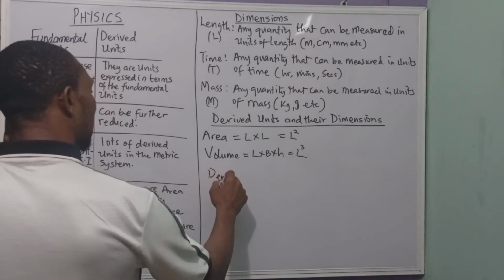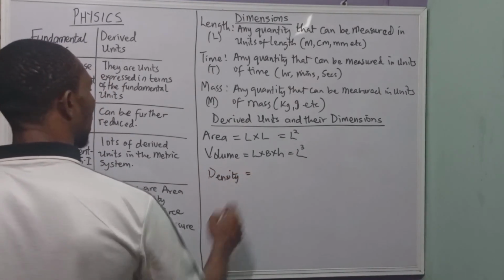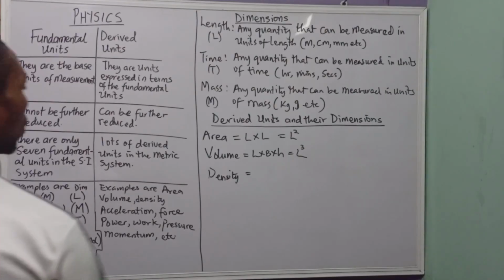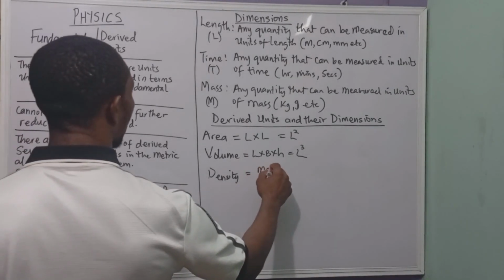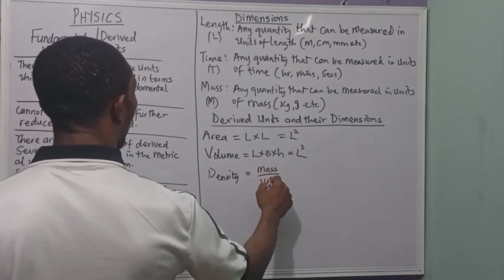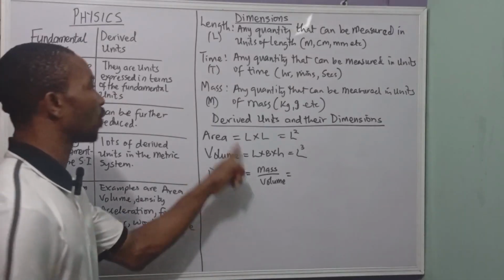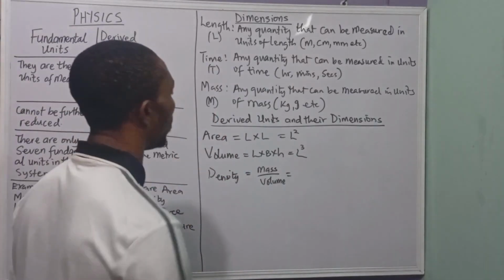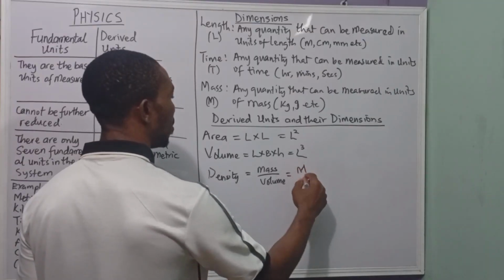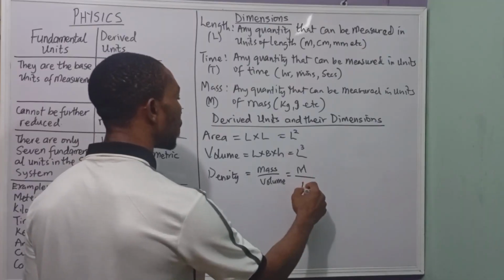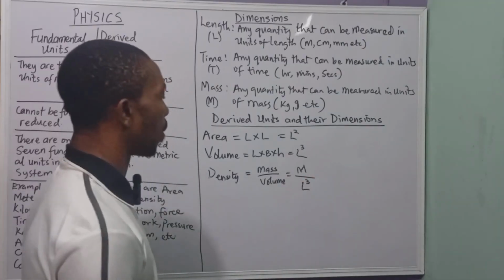Next we have density. What's our formula for density? It is mass over volume. Our representation for mass is M, and the volume we've gotten here is L cubed.